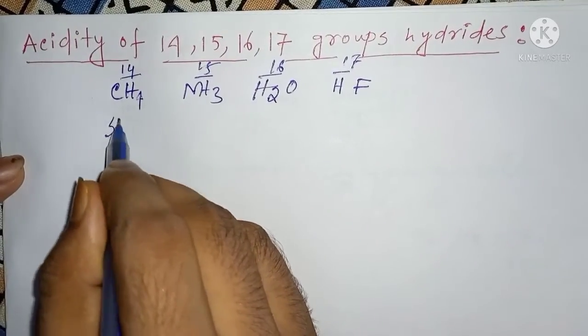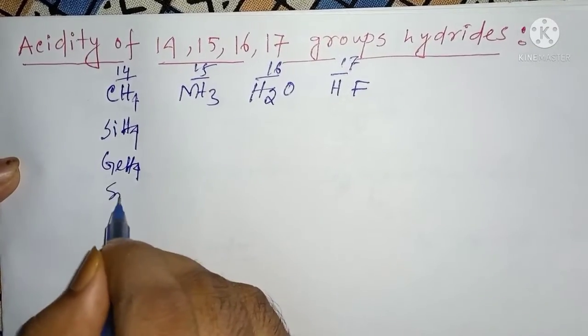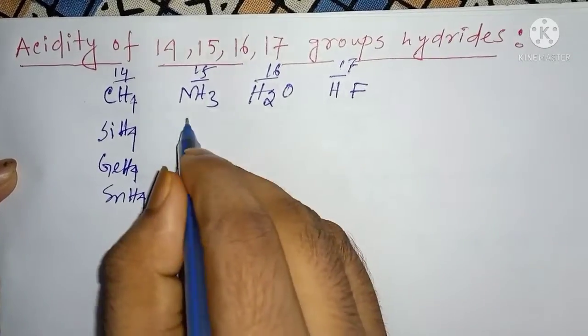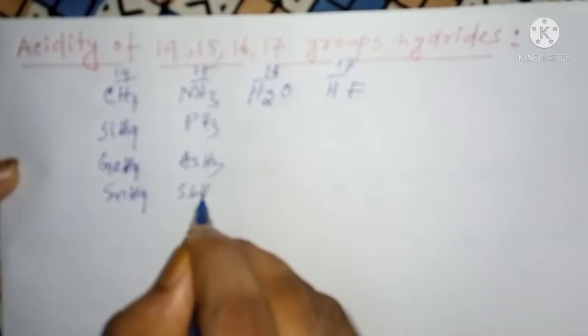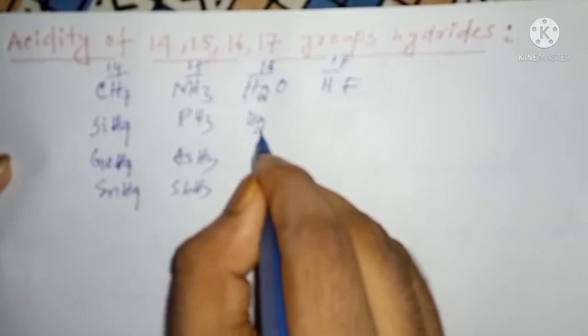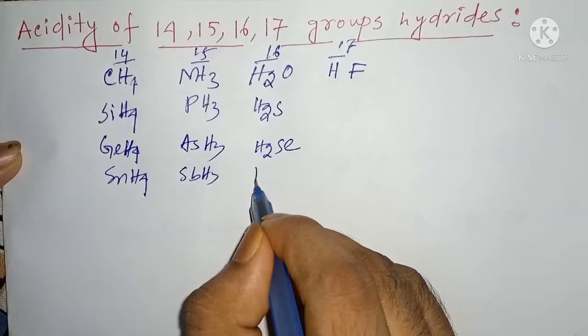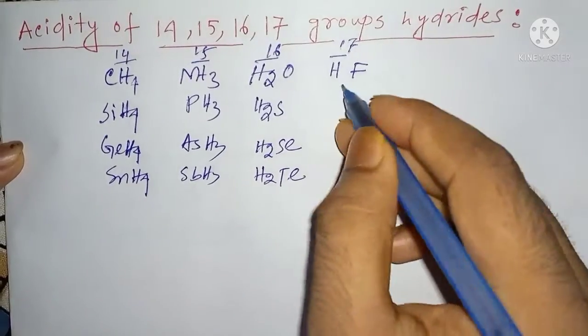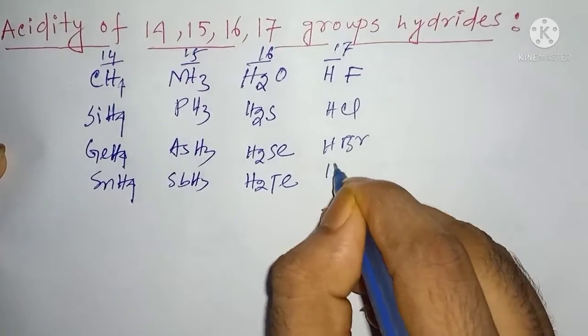This is the carbon family: silicon, germanium and tin. Nitrogen, phosphorus, arsenic, antimony. Water, then sulfur, selenium and tellurium. HF, HCl, HBr and HI.